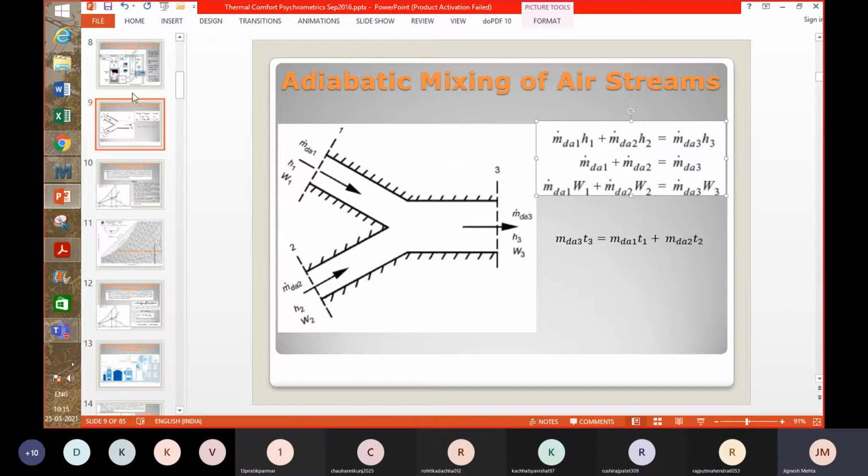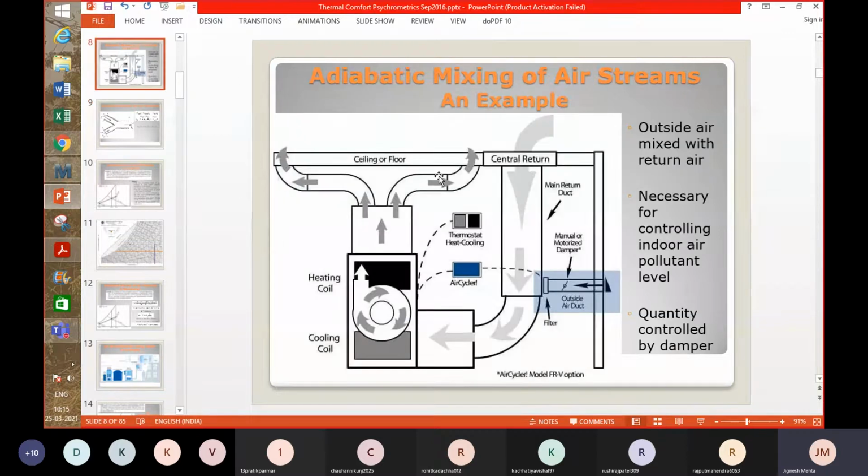Okay, and regarding the application, as I explained earlier, this is the conditioned space. Now the conditioned space may be occupied by people. When we exhale, we discharge carbon dioxide in the space. So if there are many people, then the carbon dioxide level will go up.